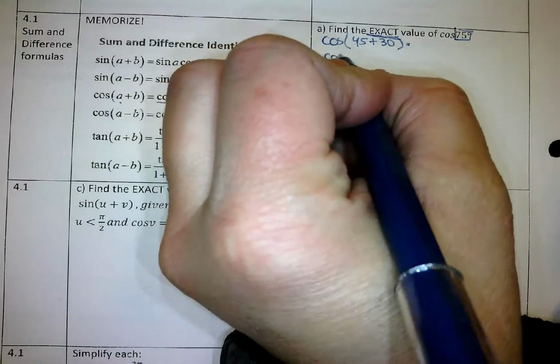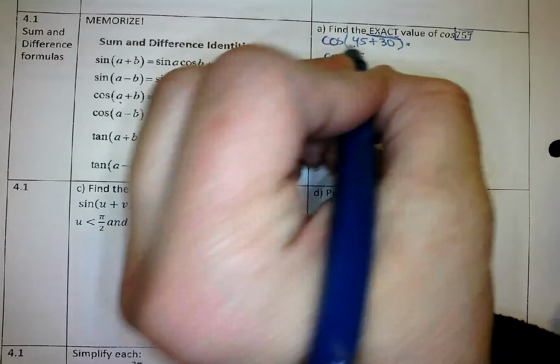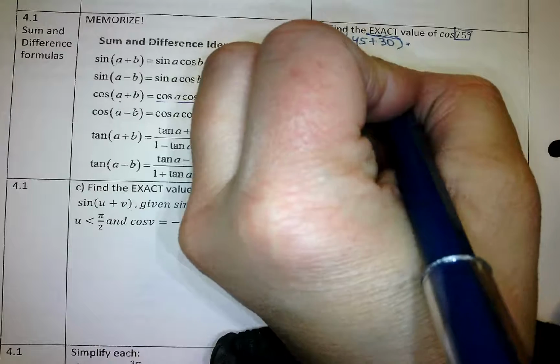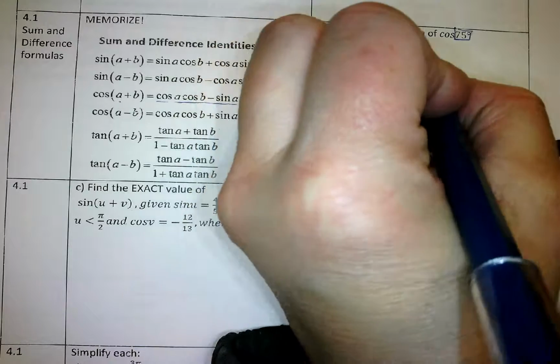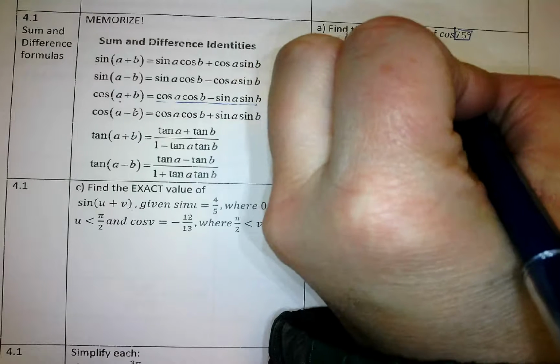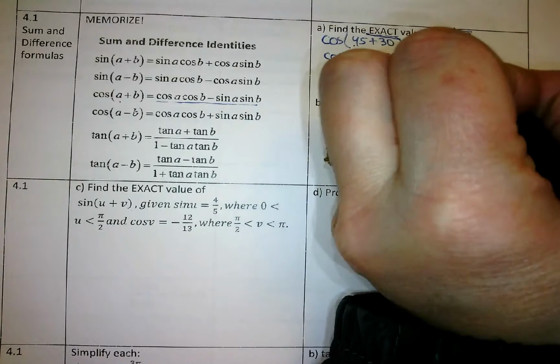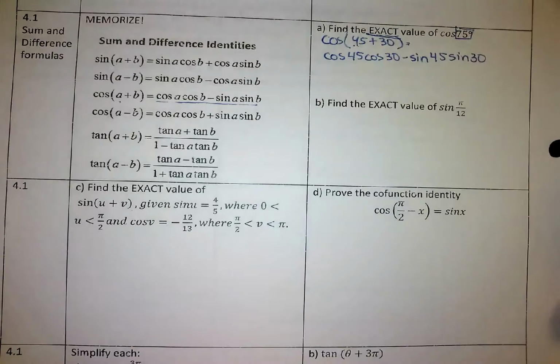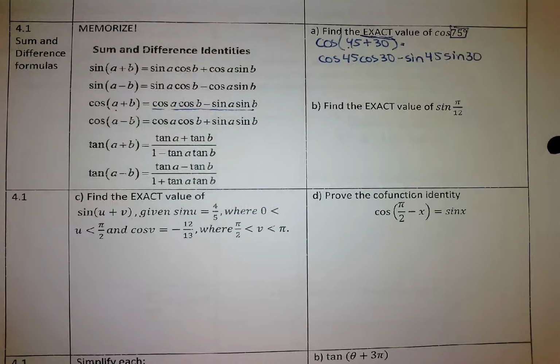Okay, so that's going to be cosine of A, which is 45, times cosine of B, which is 30, minus sine of A, which is 45, sine of B, which is 30. Now I know what cosine of 45 is. I know what cosine of 30 is. I know what sine of 45 is and sine of 30. So now I can plug it in and I can get the value.